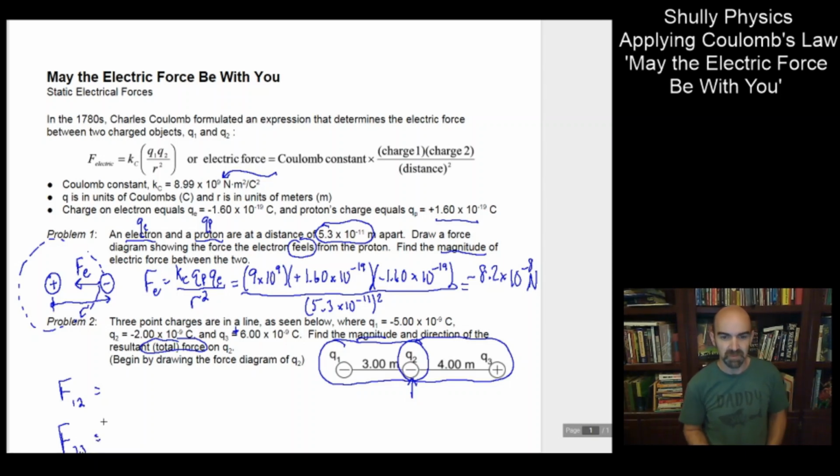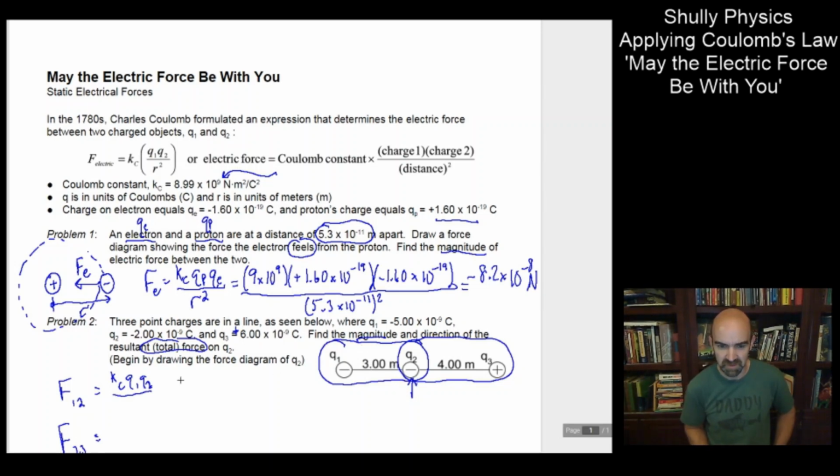And you don't put all the charges together. This doesn't turn into Q1, Q2, Q3. This is only the electric force between two charges, so we're going to add them up separately here. So we're going to take k, charge 1, charge 2, that's 2 there, divided by distance squared. What distance should we use?